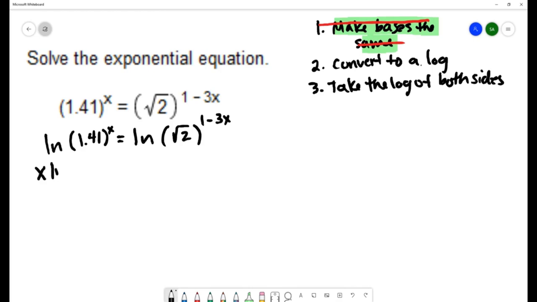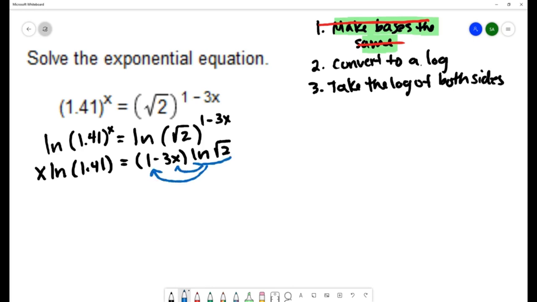We have x natural log of 1.41, 1 minus 3x times natural log square root of 2. And then I'm going to use the distributive property on the right-hand side. I'm going to distribute this natural log to both of these. So that's x natural log of 1.41 equals natural log square root of 2 minus 3x natural log square root of 2.